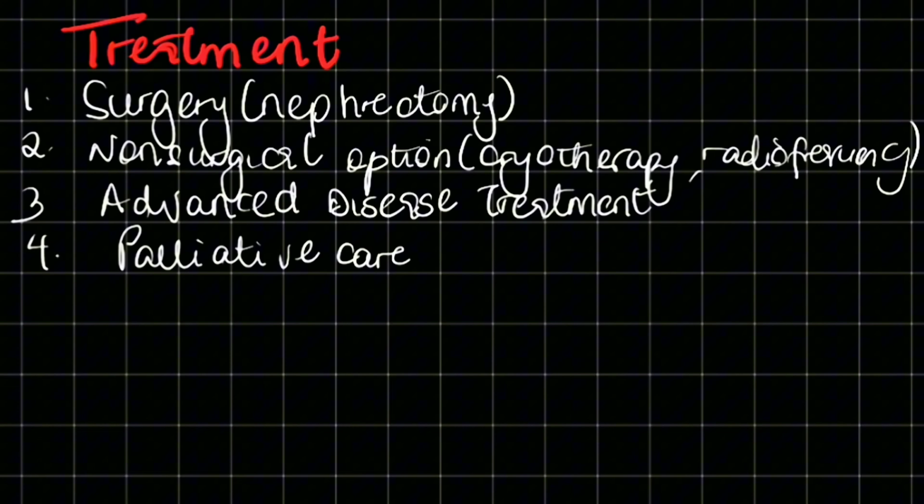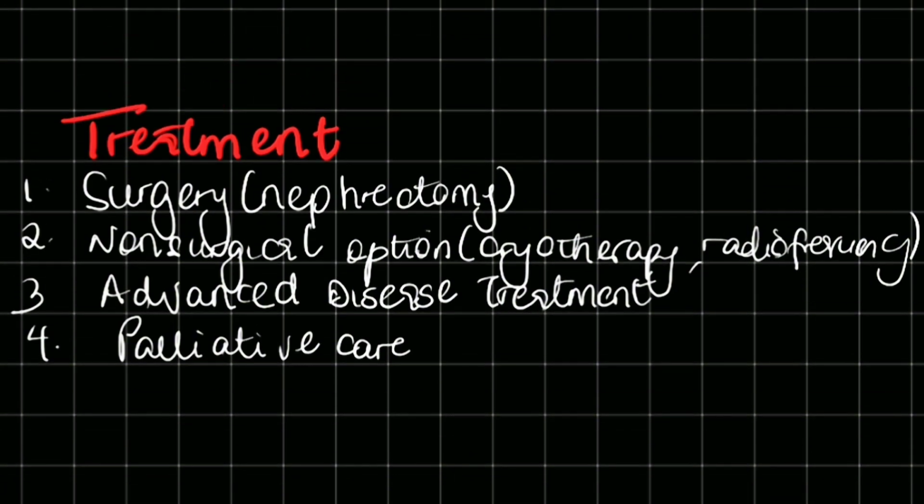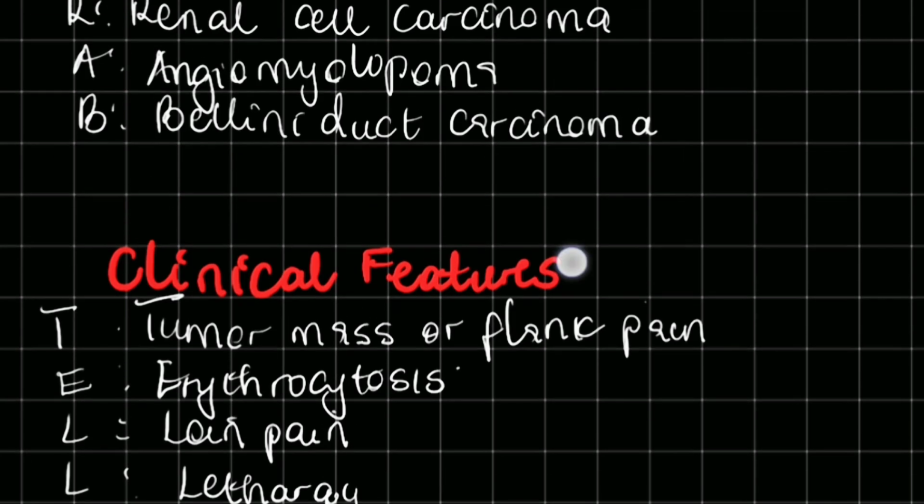So now let's move on to our quick comparison of RCC versus urothelial carcinoma. Number one, RCC originates from the renal parenchyma, while urothelial carcinoma originates from the renal pelvis. I'm going to go back so that we can see the names and not forget them.